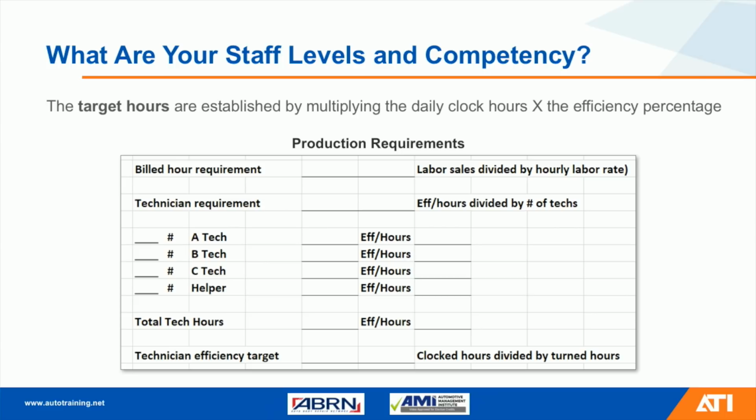I know that those 350 hours are going to allow me to pay all the bills, make sure I make all the payroll, and make sure that there's enough profit for the store. So it's giving us a target that we're going to look at for the folks to be able to produce through the production environment. We'll visit that again, but this is a very basic production requirement worksheet.